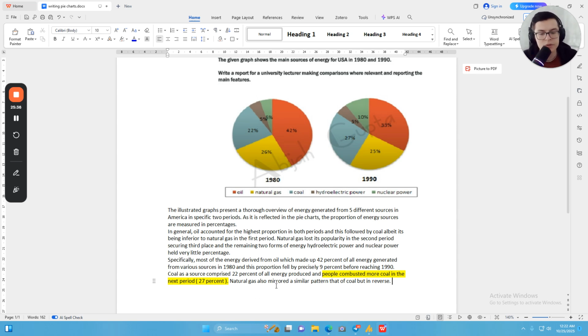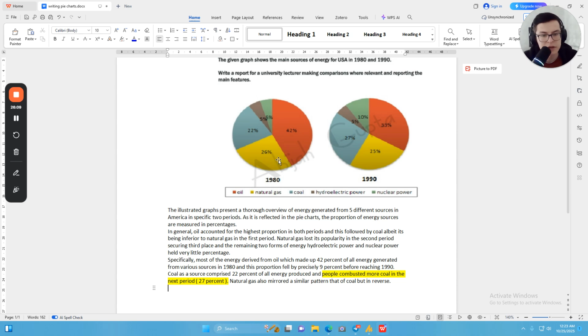So the people who combust natural gas to generate power also showed a similar trajectory, the trend, but it is totally different.